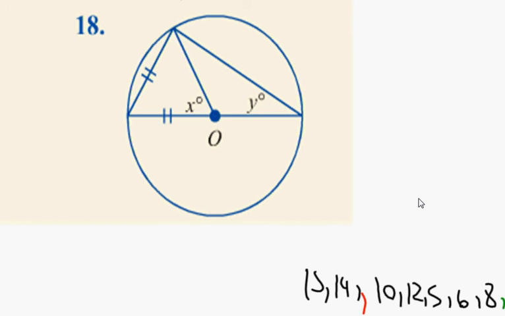No mistake in that diagram. Now, question 18. It's tough. It's a trick here. This one is the same length as that one.